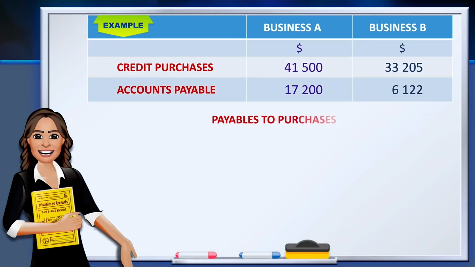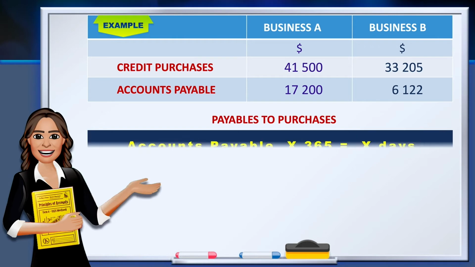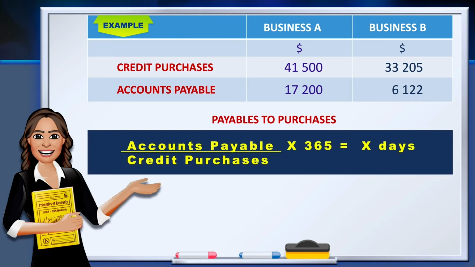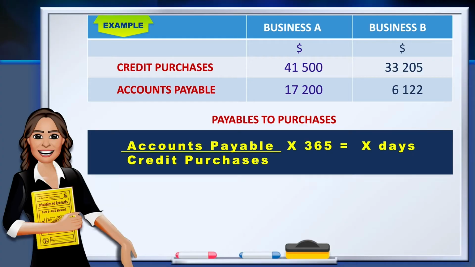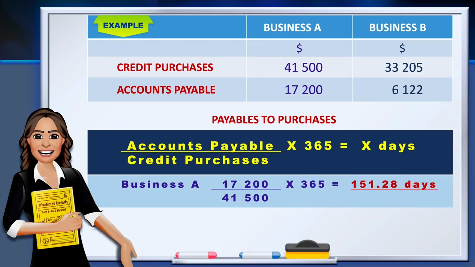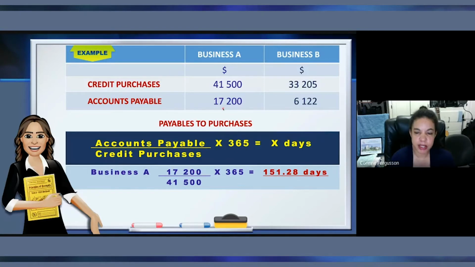So you're calculating your payables to purchases, and the ratio is in the name. Payables over credit purchases multiplied by 365, and you're going to calculate that for business A and business B. Right, so for business A, plugging in the figures, its payables is 17,200, over your credit purchases, which is 41,500.